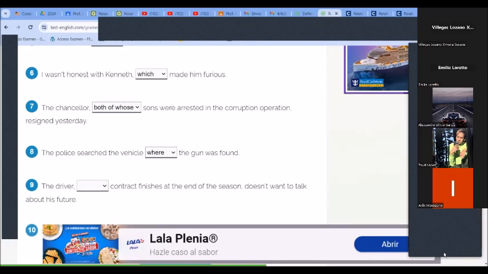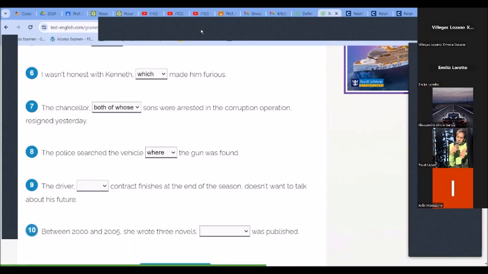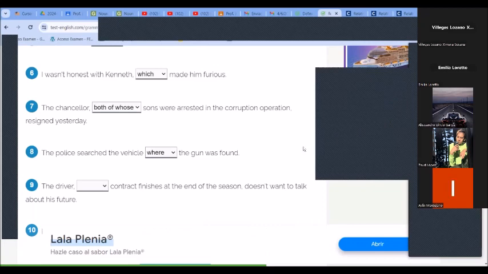All right. Let's go down to Eileen. Number 9. The driver who contract finishes at the end of the season doesn't want to talk about his future.